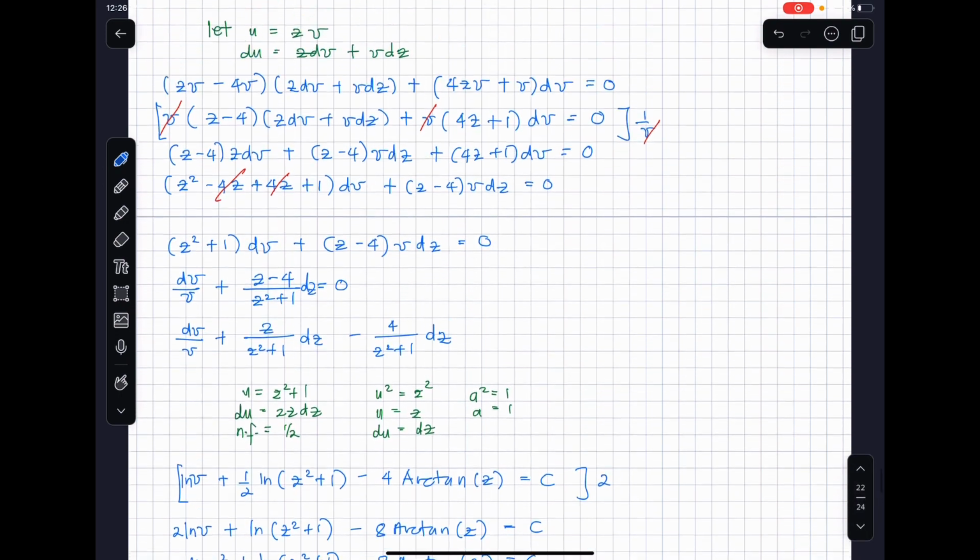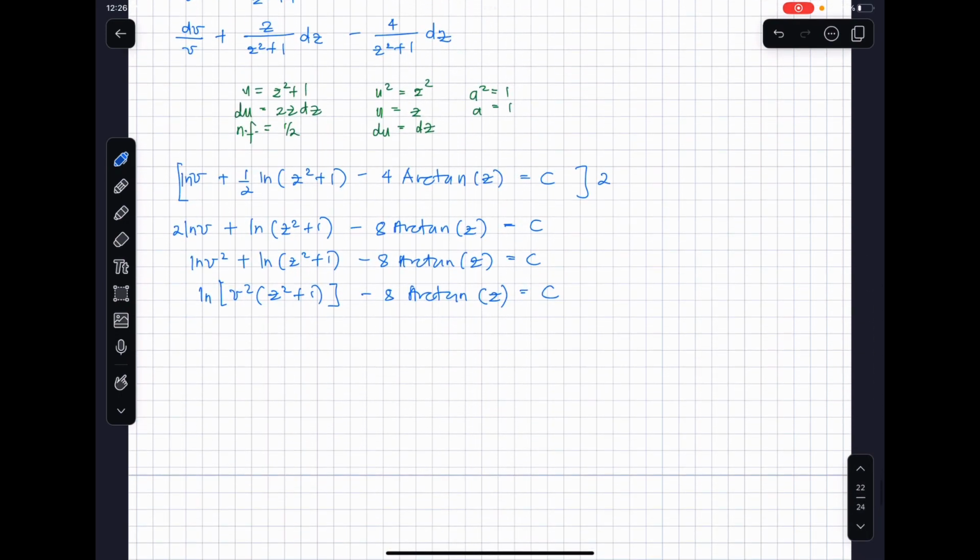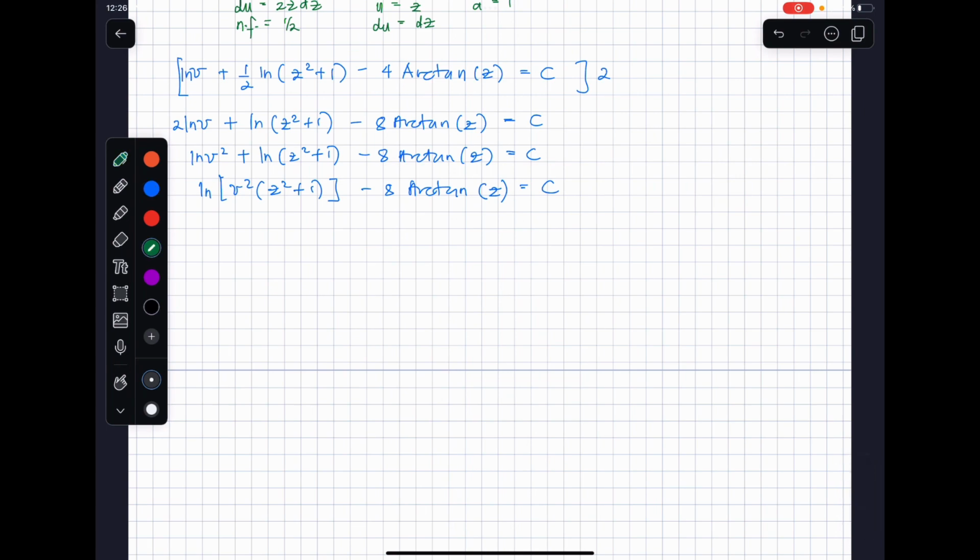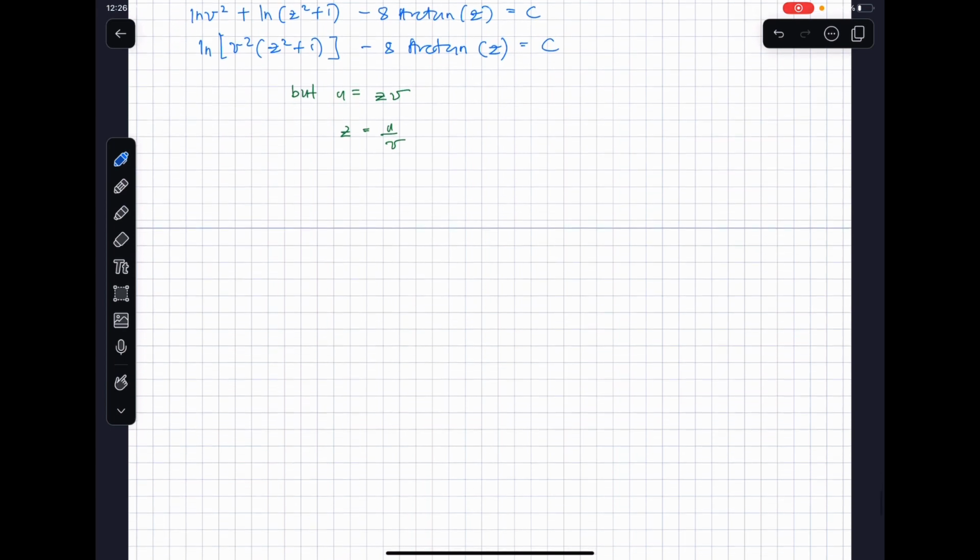But then we transform it back, so u is equal to zv. So therefore z is equal to u over v. So ln then, so v squared, so z squared will become u squared over v squared plus 1 minus 8 arctangent of z, which is u all over v, is equal to c.